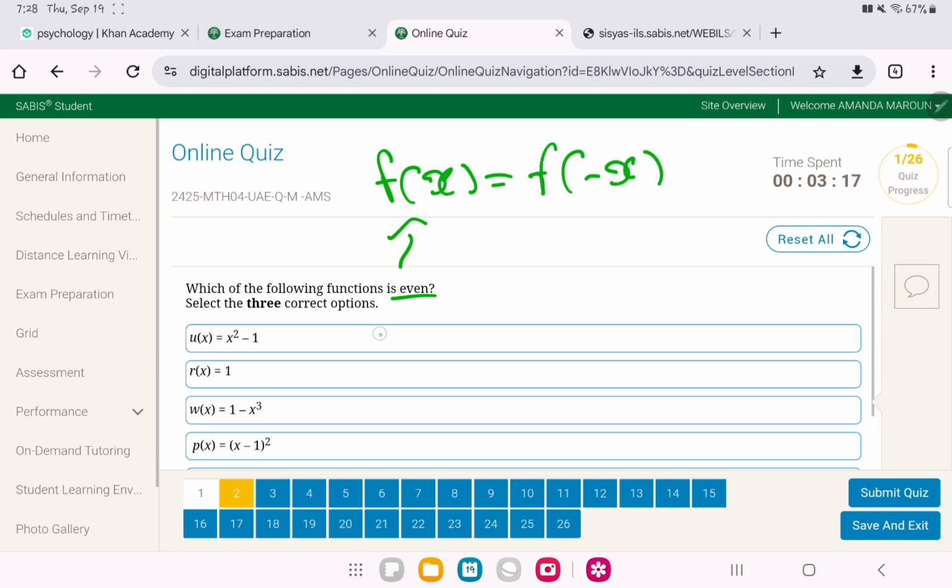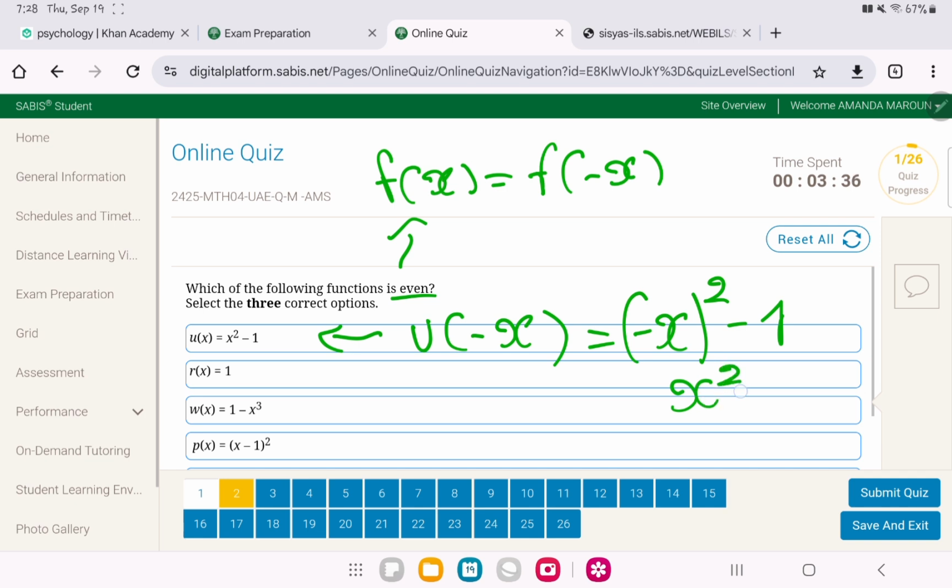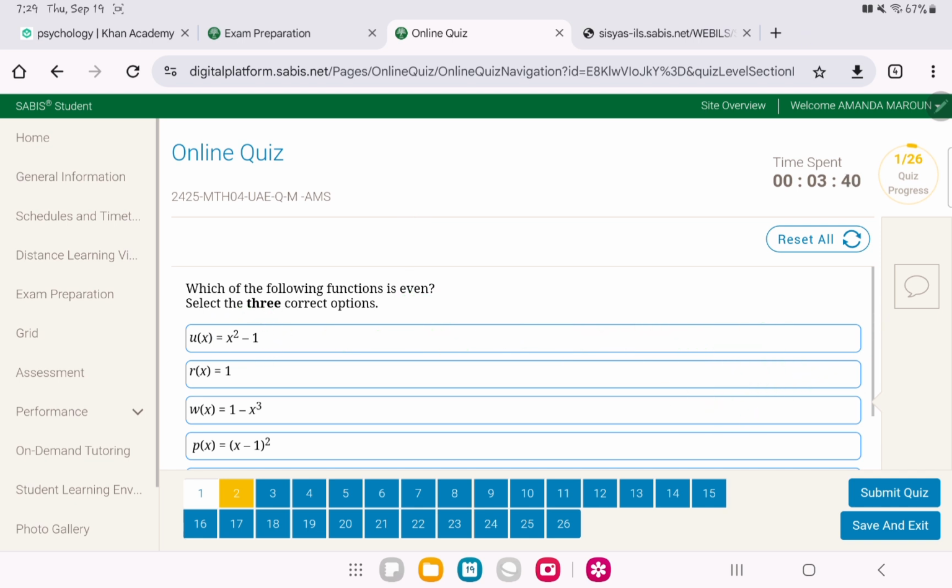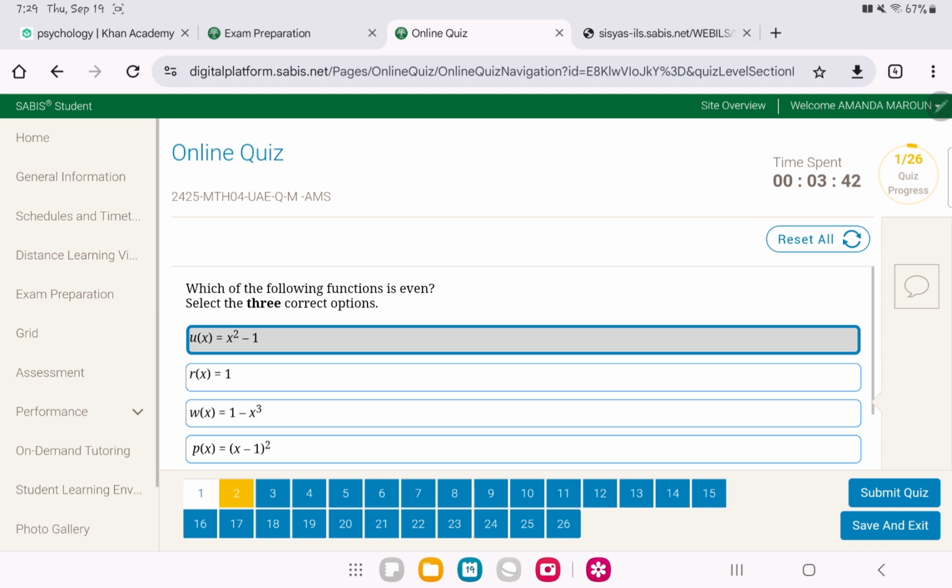Now let's substitute and see, is this even? We already have f(x), or u(x) in this case. u(x) is equal to x squared minus 1. What if we did u(-x)? Will it be the same? We're going to then have (-x) to the power of 2 minus 1, which is also x squared minus 1, and this is equal to this, so that means the first one is even.